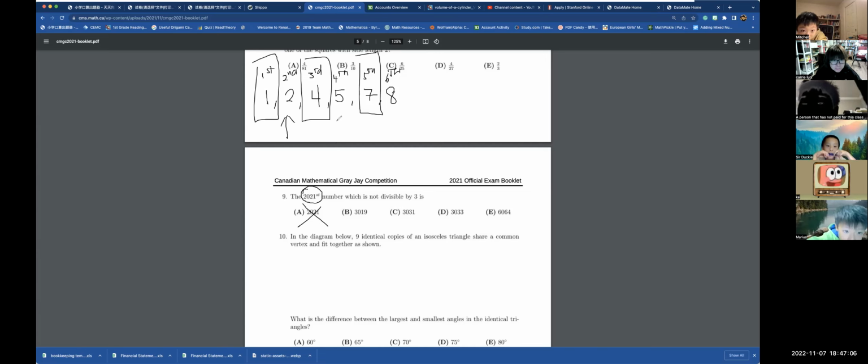But it seems like the even number is much easier. So if we can find the 2020th number which is not divisible by 3: the second number not divisible by 3 is 2, and the fourth is 5.